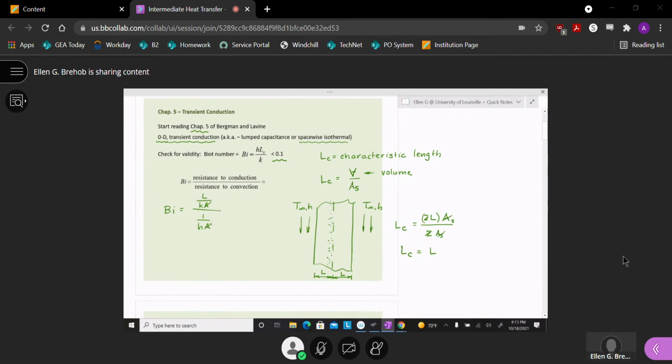It's the same surface area, and I can rearrange this so it's easy to think about what this resistance looks like for the plane wall. We will talk about, again, this characteristic length. We've already got our definition for how we calculate that.